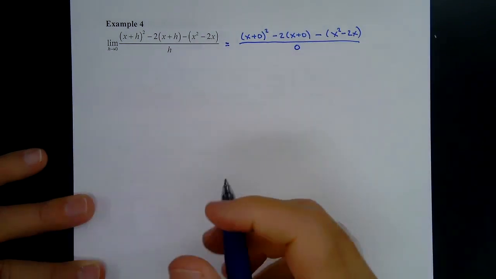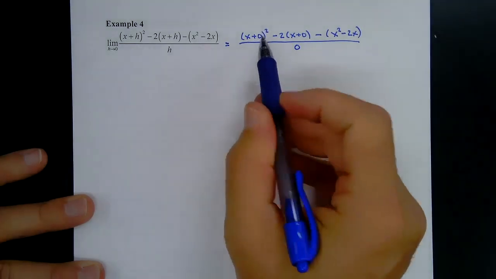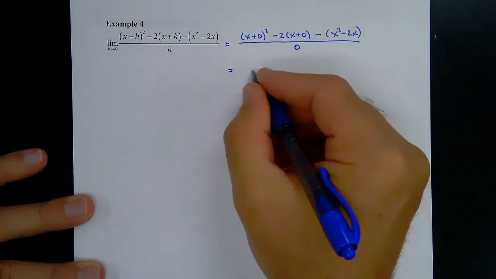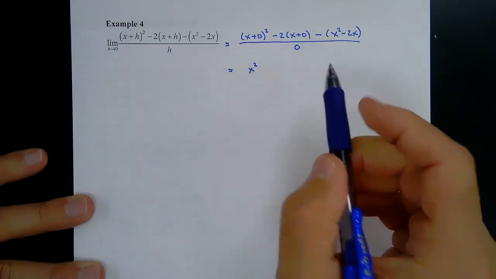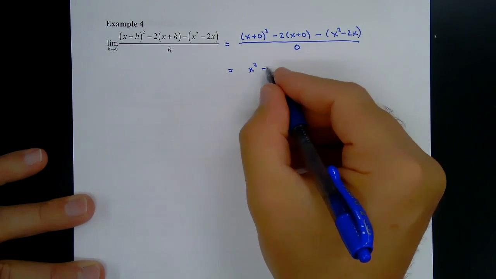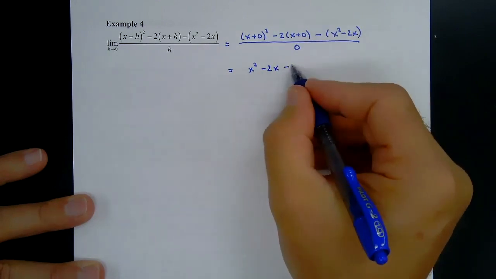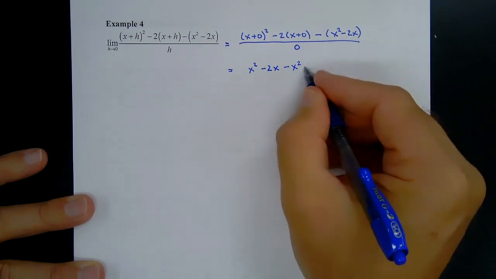And then what does this become? Well, this is x plus 0, that would just be x squared. This is just x right here. And so negative 2 times x is minus 2x. And then minus x squared. And then plus 2x.